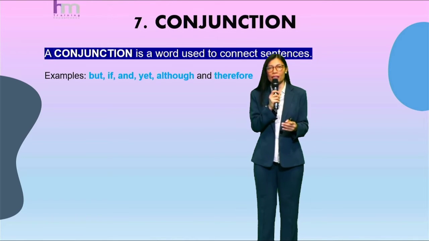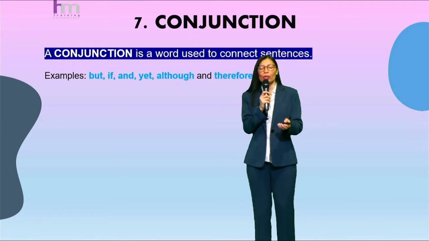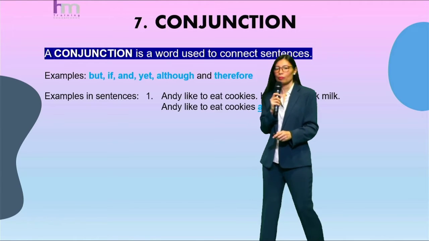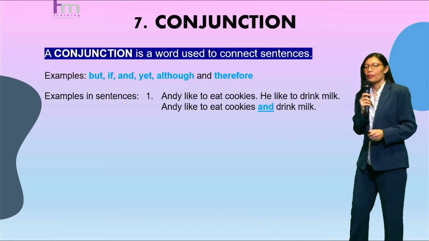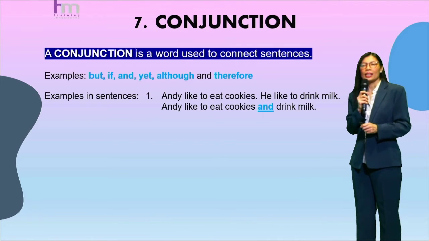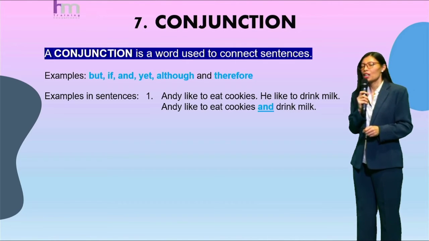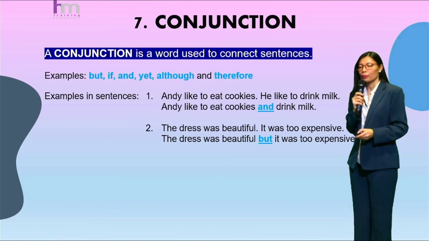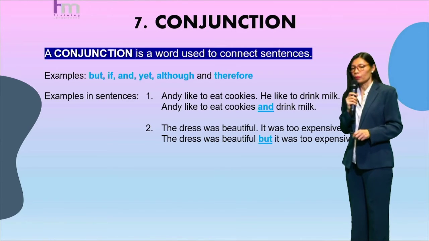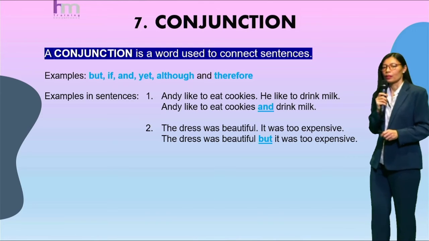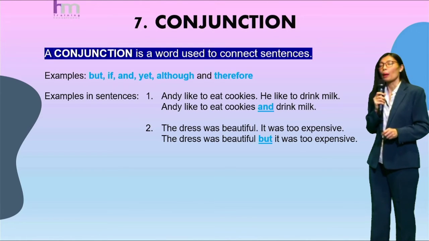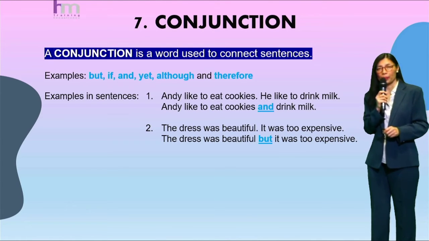It's much more effective. An example of conjunction: you have two sentences here. Andy liked to eat cookies. He liked to drink milk. When you use a conjunction, you will say, Andy liked to eat cookies and drink milk. Another one: the dress was beautiful. It was too expensive. The dress was beautiful, but it was too expensive.